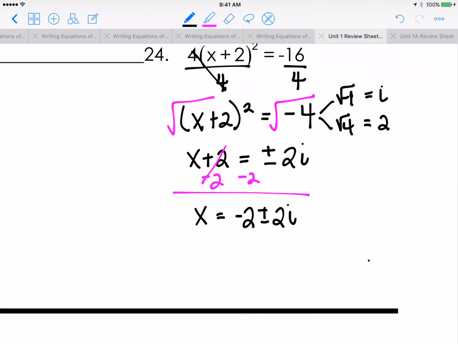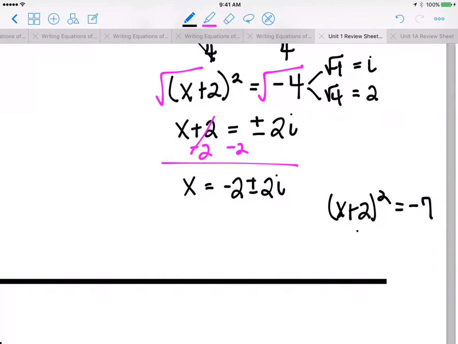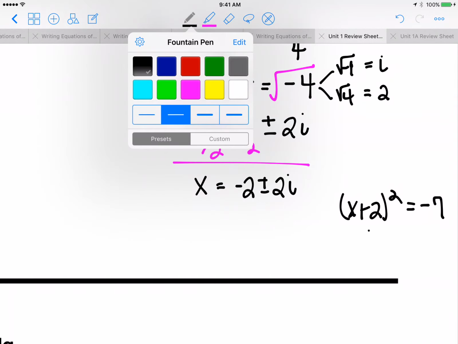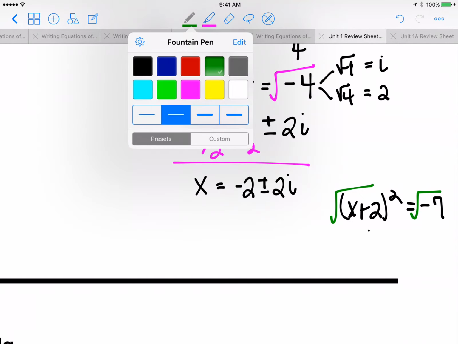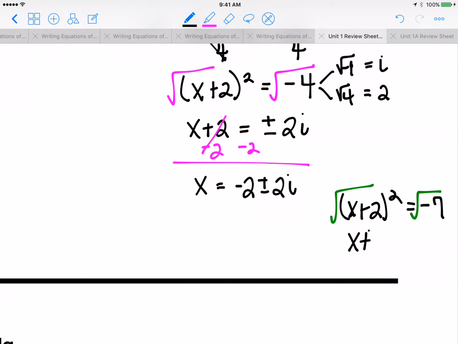Okay, so what if that wasn't a perfect square? So let's just kind of go off for just a second. So what if, let's say we had a negative 7. So if we did this and we took the square root here, square root both sides, so I'm just making up a problem, we would get x plus 2 is equal to plus or minus the square root of negative 7, which would be i square root 7.